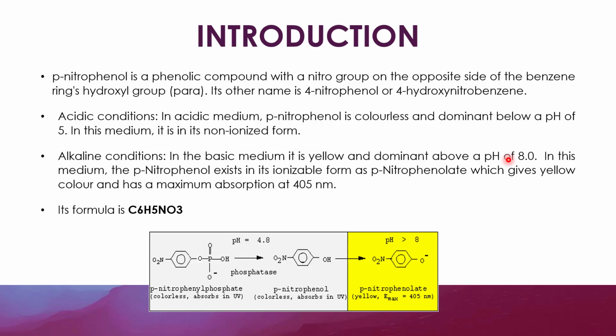Let's start our introduction by looking at what p-nitrophenol is and its reaction in an acidic medium and also in an alkaline medium. First of all, this is the molecular structure of p-nitrophenol. p-Nitrophenol is a phenolic compound with a nitro group.